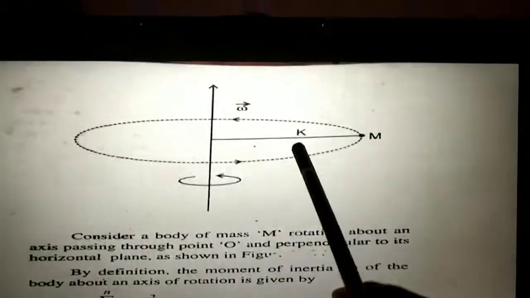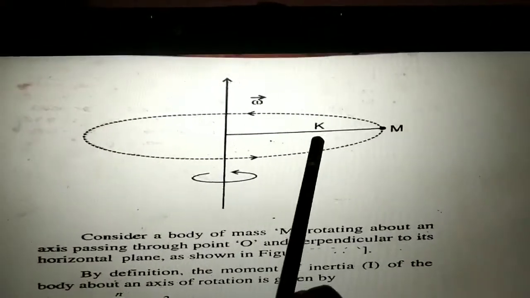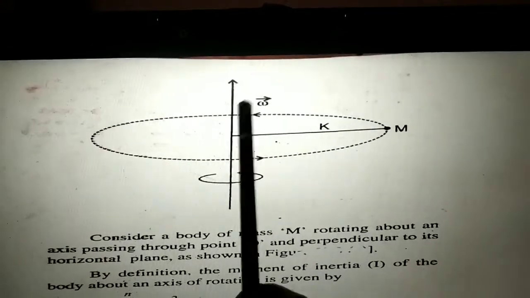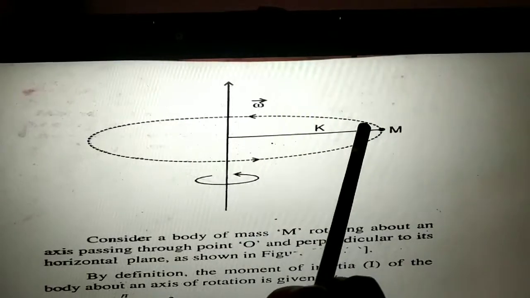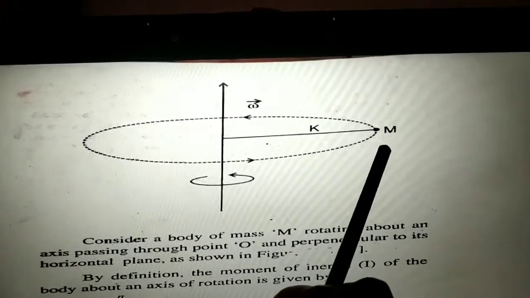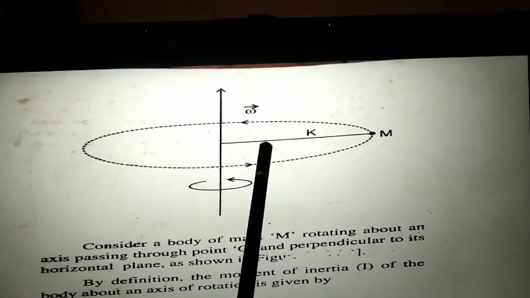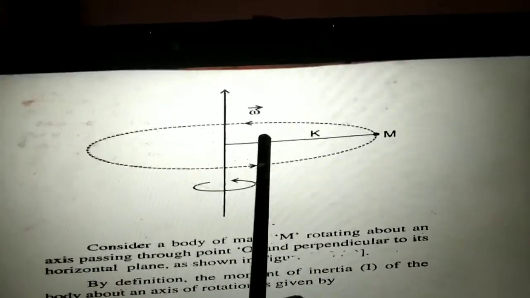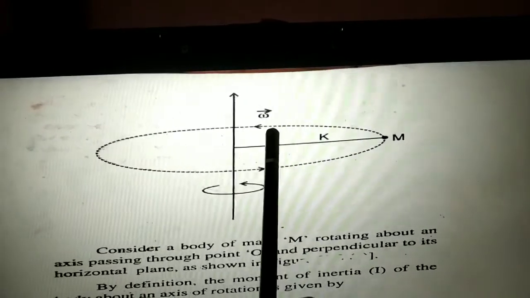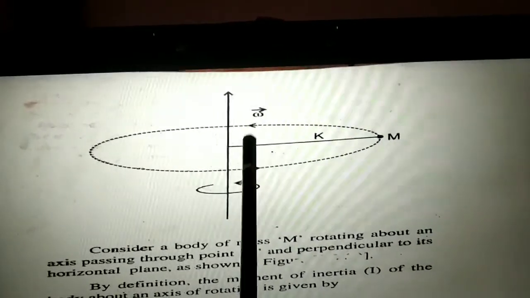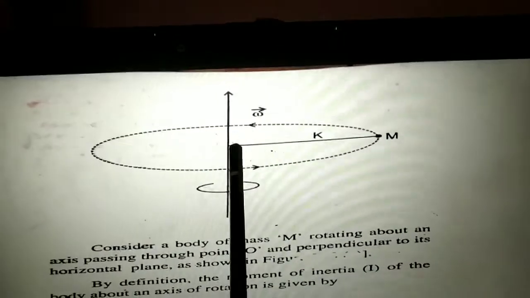One more thing about the physical significance: K tells us the distribution of mass about the axis of rotation. If K is larger, it means that mass is distributed far away from the axis of rotation. If K is small, suppose M is over here, then you can say that the mass is distributed close to the axis of rotation.